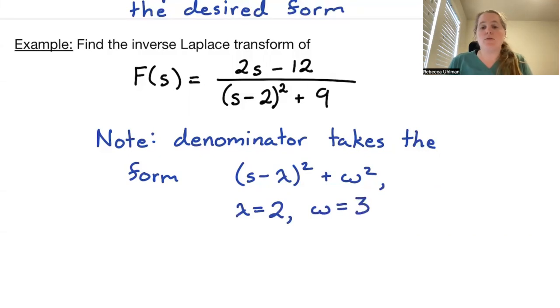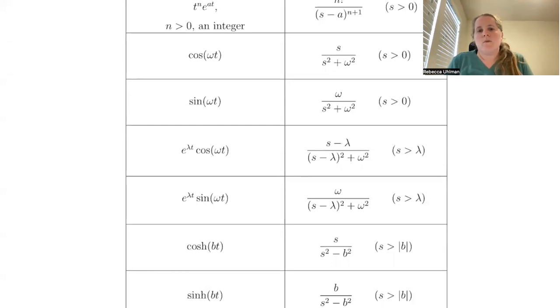Now, if we switch over to our table, we have a couple possible right-hand side functions with that denominator. We have s minus lambda over s minus lambda squared plus omega squared, which came from e to the lambda t cosine of omega t.